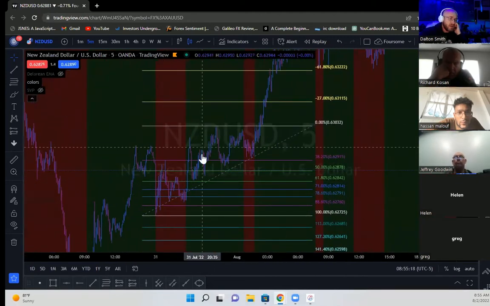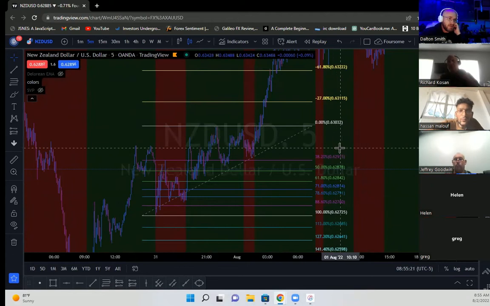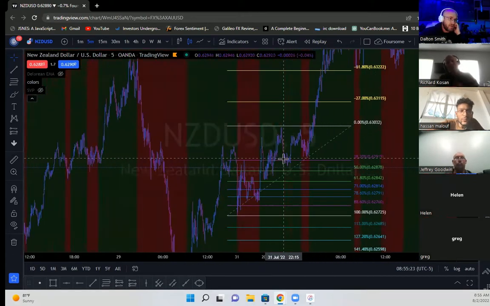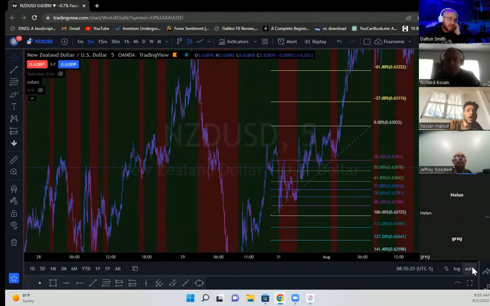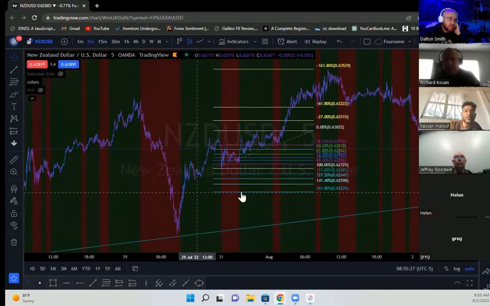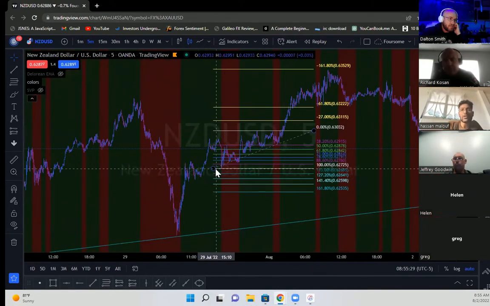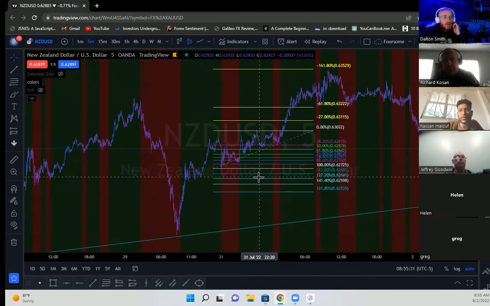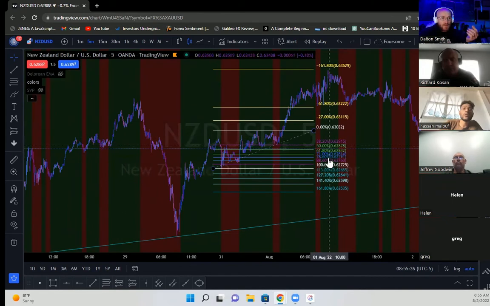And I would watch this to continue out, which it did to the 161 before it reversed. As long as it's doing higher highs and higher lows, then you just keep moving your Fibonacci with it. Perhaps I hadn't said that yet. The purpose of doing that is you're deciding how long you're going to stay in the trade. Until the trend is broken, the trend continues, and the Fibonacci pattern continues.